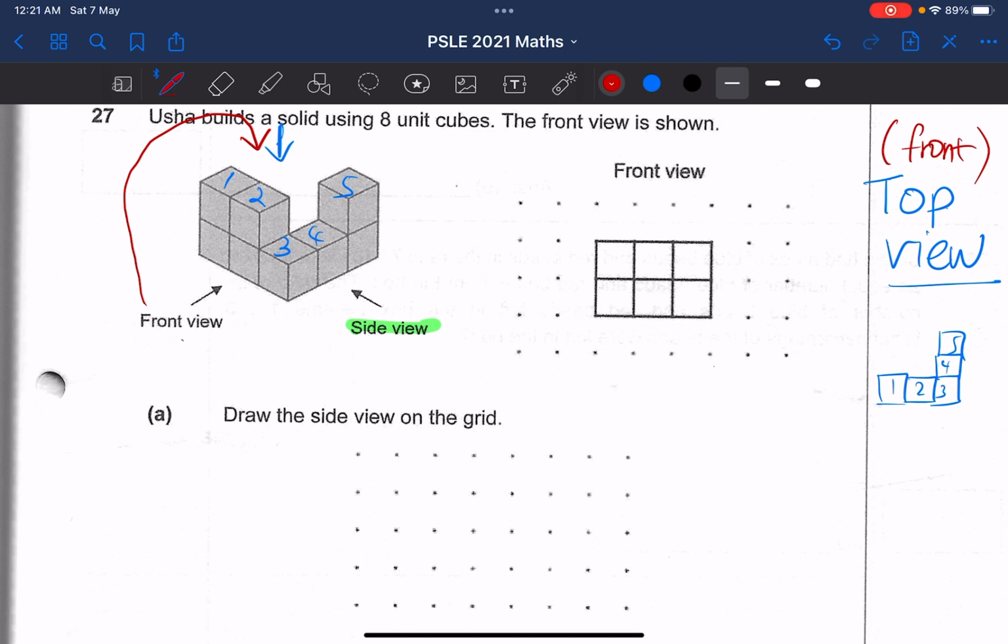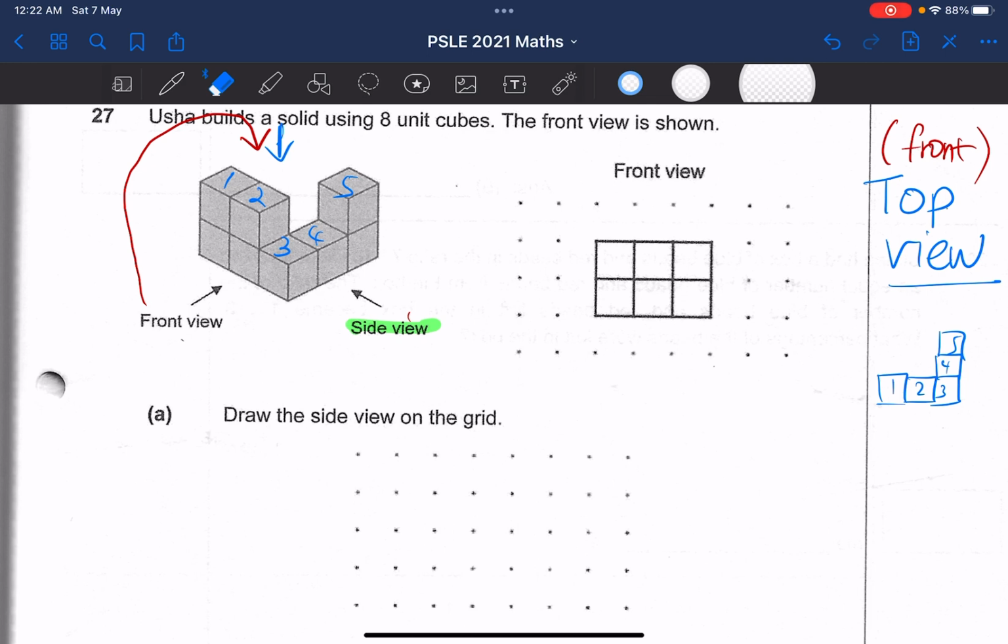So the angle is a bit different, because if you see it from the side, your answer will be different. Okay, so it must be you standing on top, the top view, but from the front position. Okay, it's like you are standing at the front, your head is looking downwards, something like that.